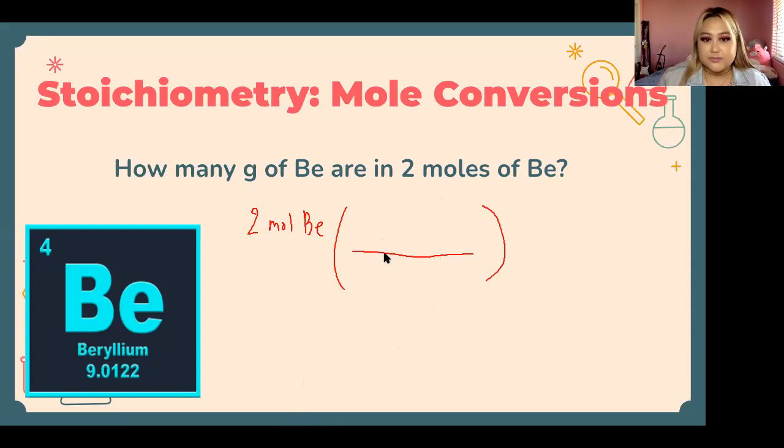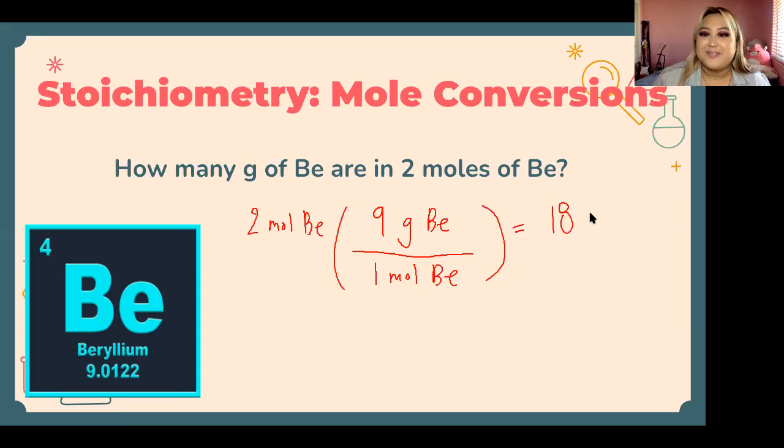At the bottom, it would be 1 mole of Be, and at the top it would be the molar mass, because that's in grams. I would usually do 9.01, but yeah, 9. I just want the calculations a little bit easier. So this would be 18.